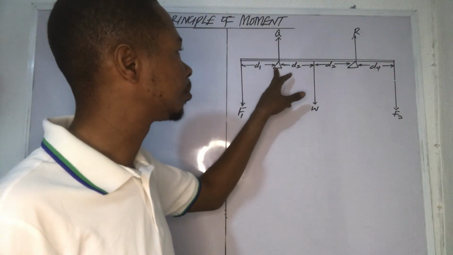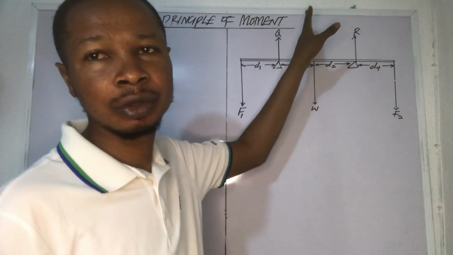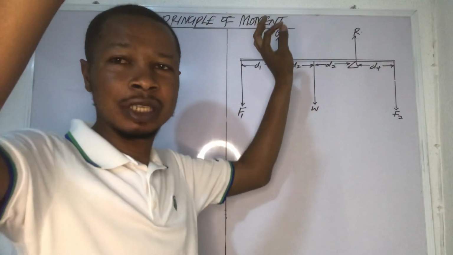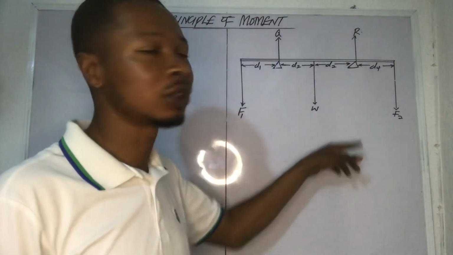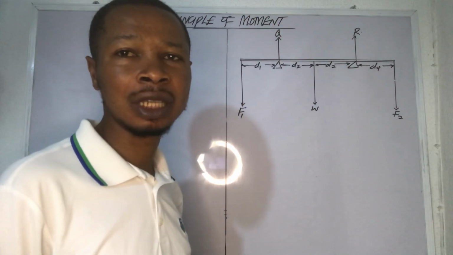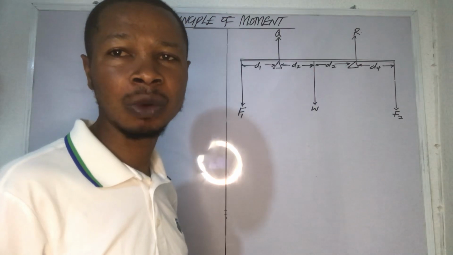These supports, Q and R, are acting upward. They are suspending the beam. While these three forces, the weight of the body and these two forces, are acting downward. Then one of the principles of moments states that the sum of all the upward forces must be equal to the sum of all the downward forces.